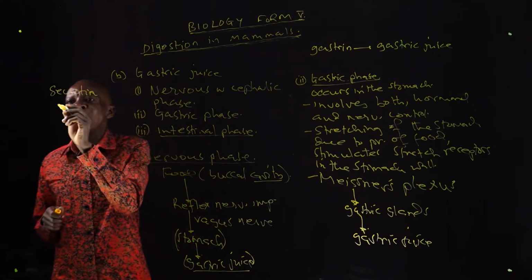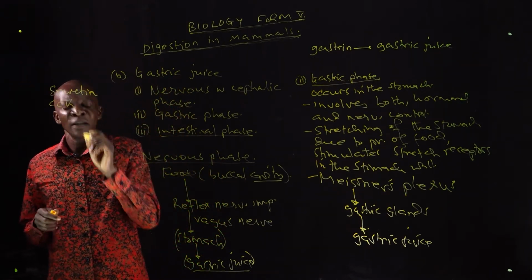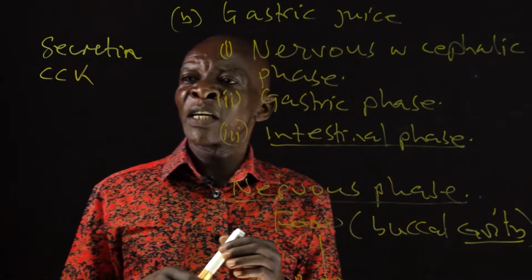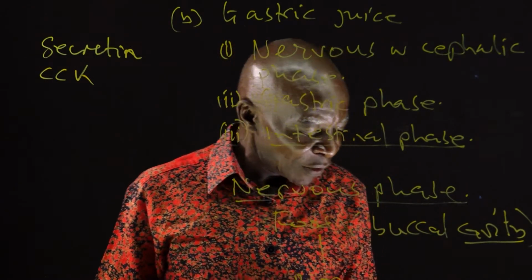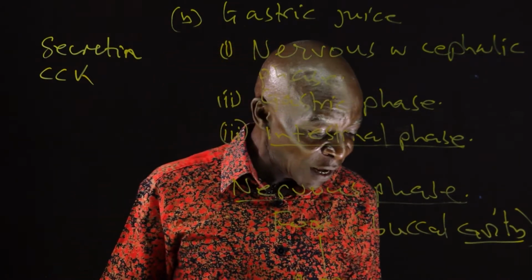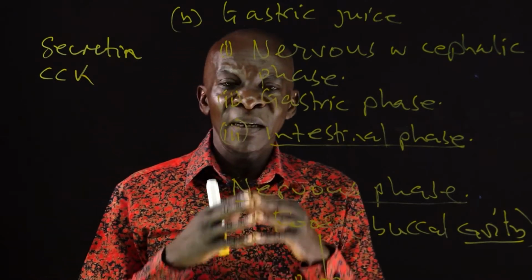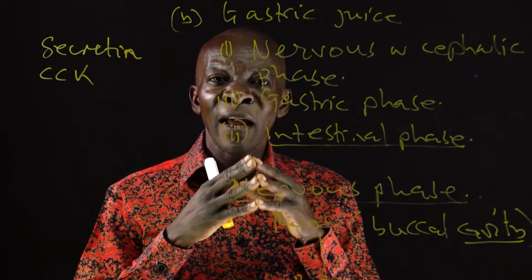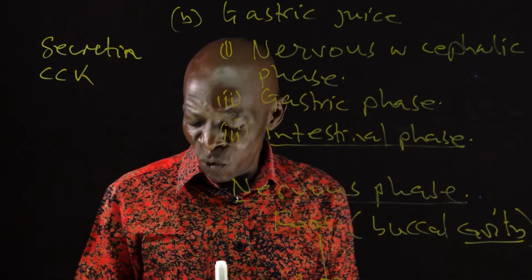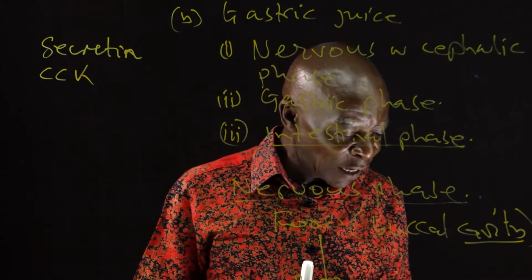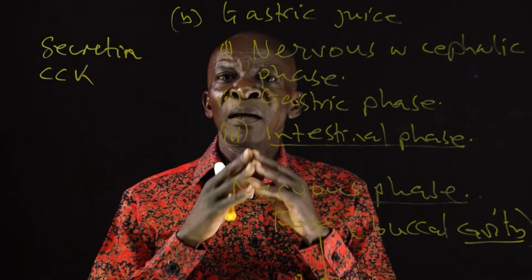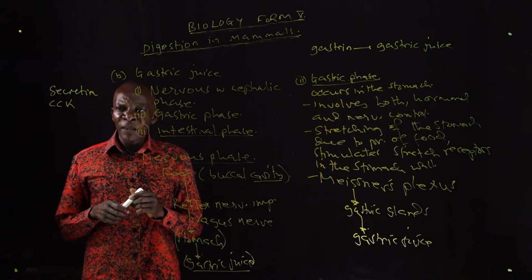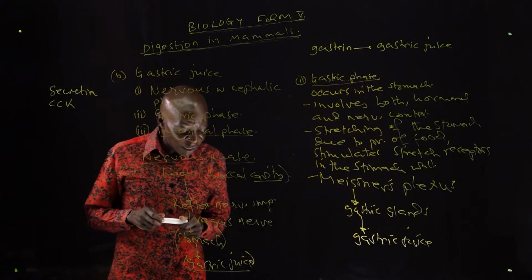But also there is another hormone called cholecystokinin or pancreozymin. And these two hormones are directed to the stomach, pancreas, and gallbladder.